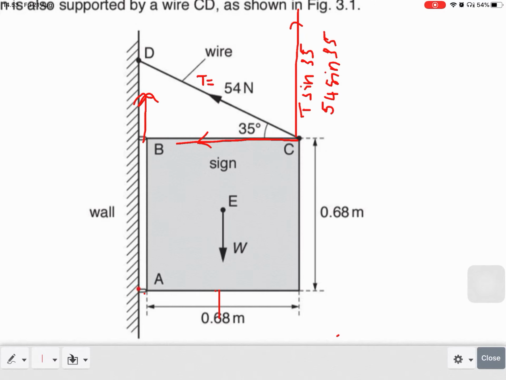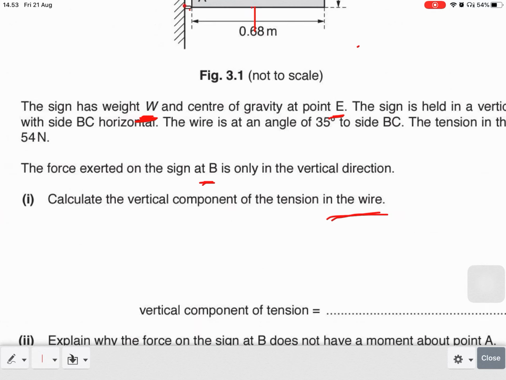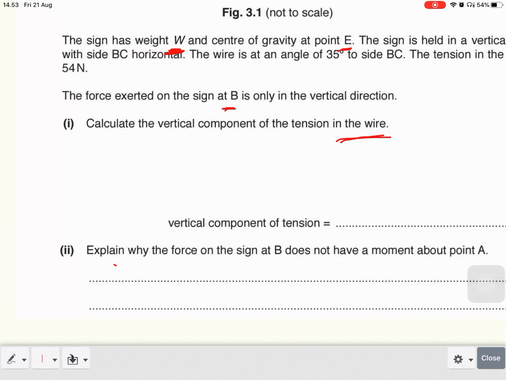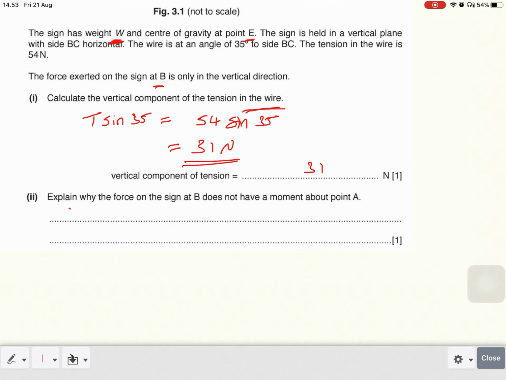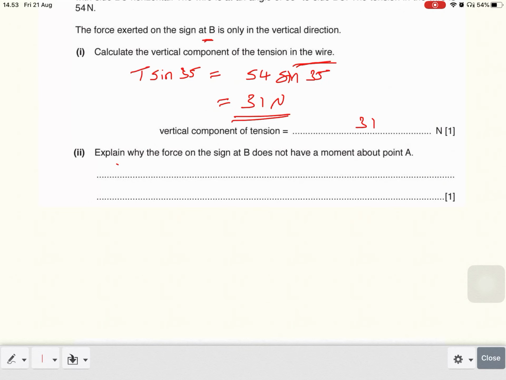If you put it on a calculator, you will get 31 Newton. So 31 Newton is the vertical component of the tension.